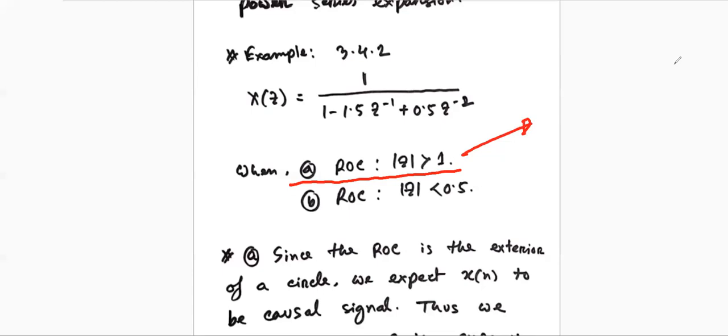Any of you can answer this? If we think about the ROC is more than 1, what kind of sequence are we targeting? Left-sided sequence or right-sided sequence? The answer. None of you can answer this.